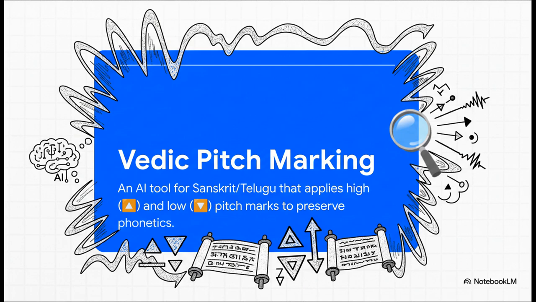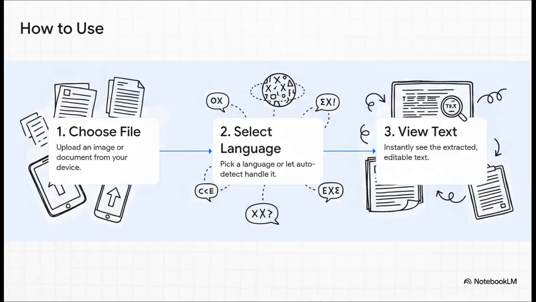I mean, for accurately studying ancient texts or even preserving the nuances of endangered languages, that is an absolute game changer. And despite all this power under the hood, the process is incredibly simple. You just choose your file, select a language, or let it auto-detect, and boom, the text appears instantly. It's designed to be super straightforward, whether you're just processing a single image or a whole batch of scanned pages.